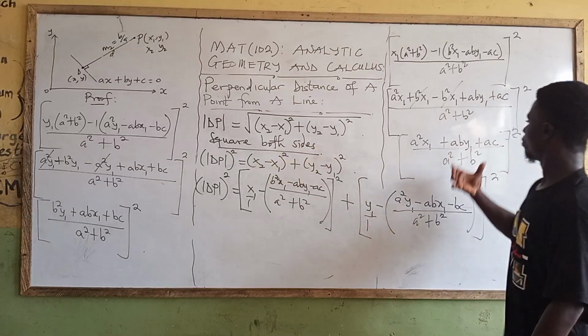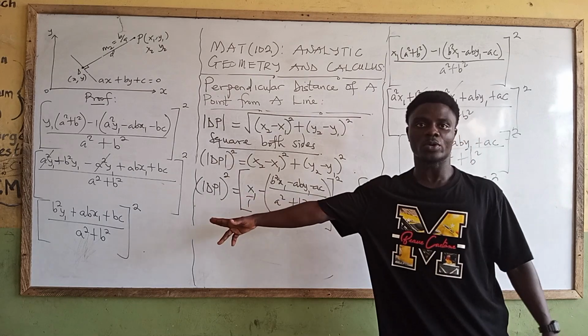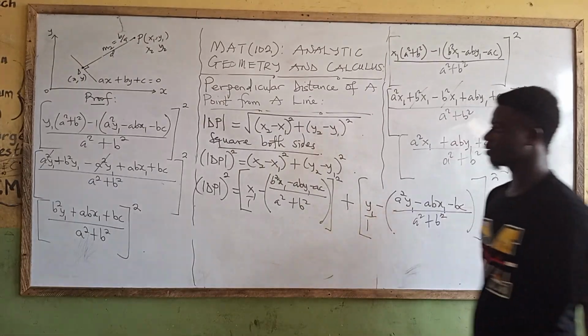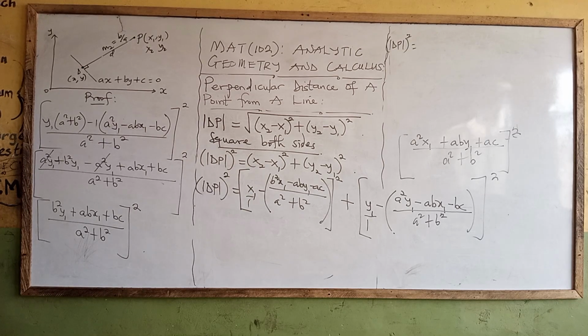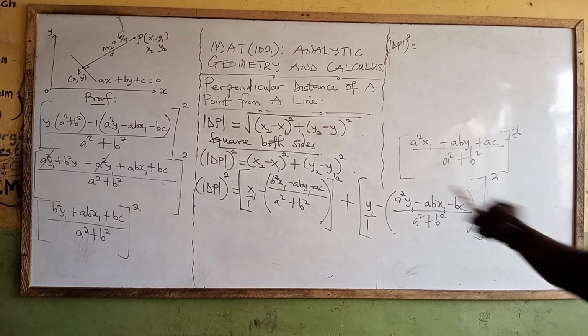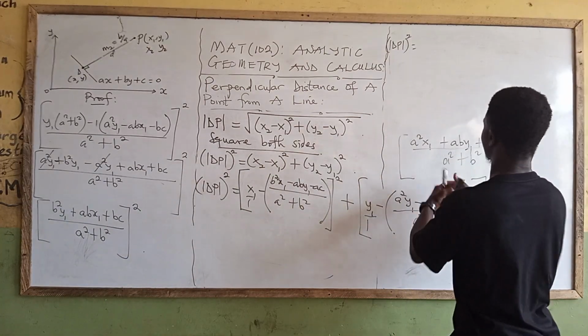So this one, we've simplified it and we have this. And this one too, we have that. So we have to add them. So now let's see how best we can go. So let's proceed. So the length of DP all squared must be equal to this, which is that.